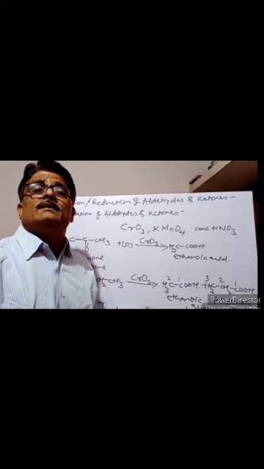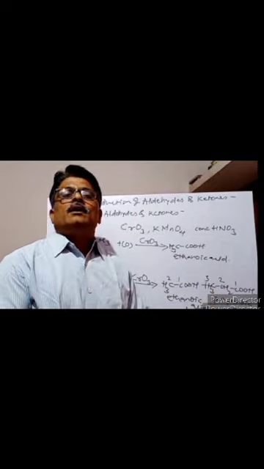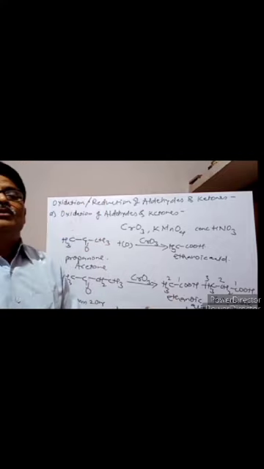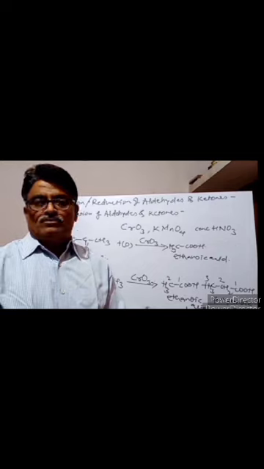This is known as ethanoic acid, and this is propanoic acid. Here there are 1, 2, 3 carbons, and here only 1 and 2, and therefore they are known as propanoic acid and ethanoic acid. So this is about the oxidation of aldehydes and ketones.